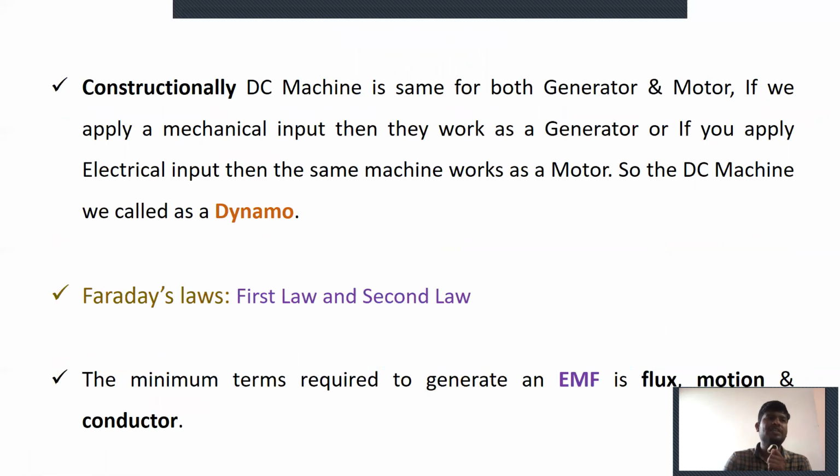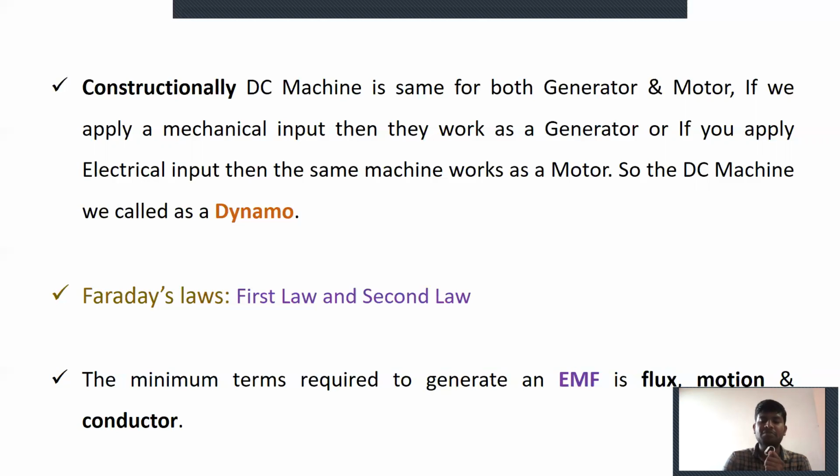Constructionally, the DC machines are the same for both generators and motors. Suppose if you give electrical energy to a DC machine, it gives the output as mechanical energy.